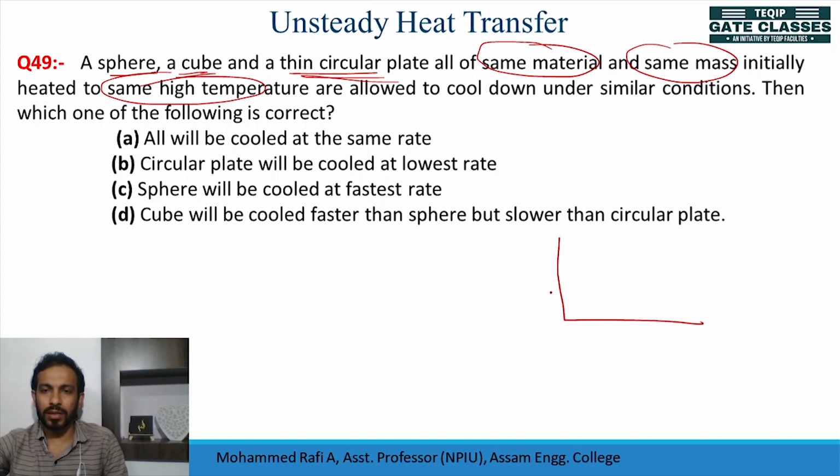So a body is there with an initial temperature T, and it is allowed to cool. How fast is it going to change, which one will cool fastest, that is the question.